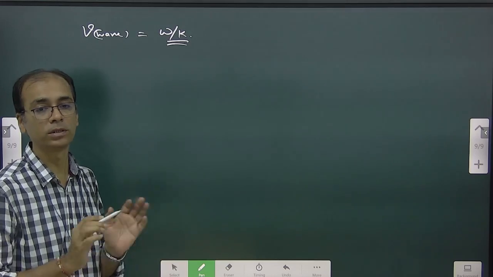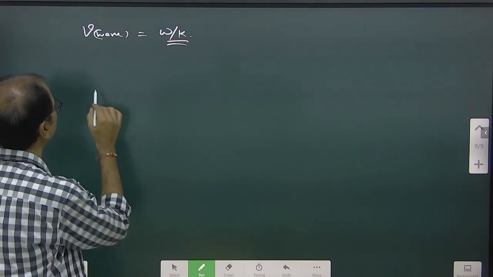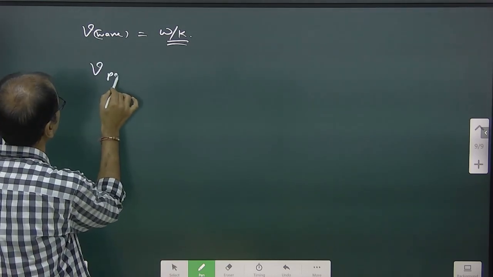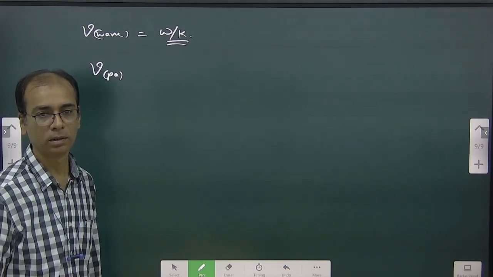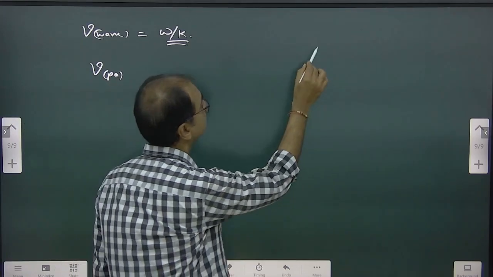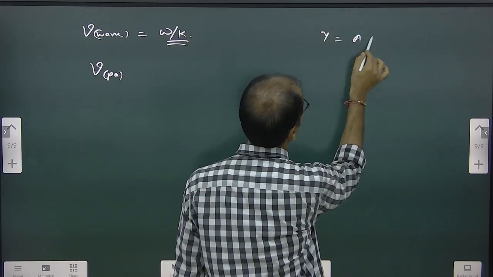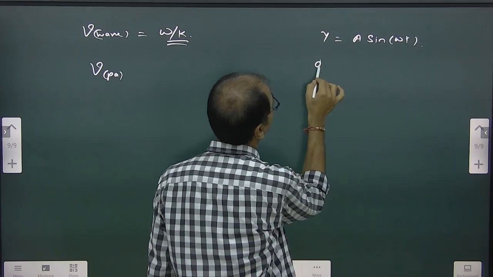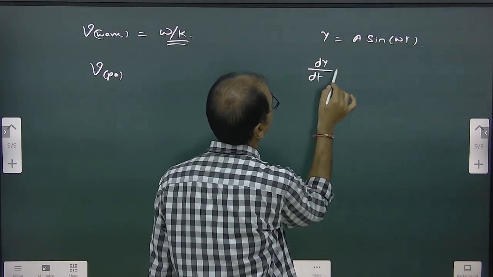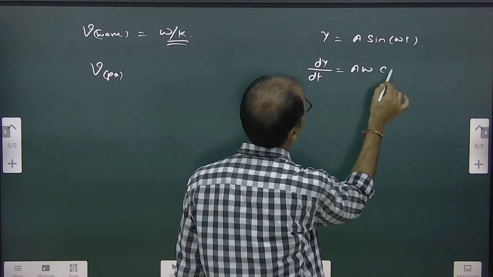But now we want the relation. If you remember SHM, the particle's motion is y equals A sin omega t. So what will be dy by dt? dy by dt will be A omega cos omega t.